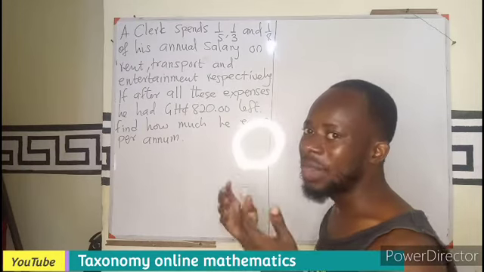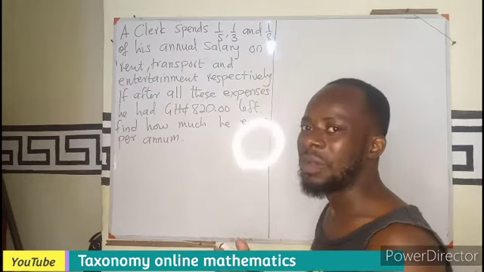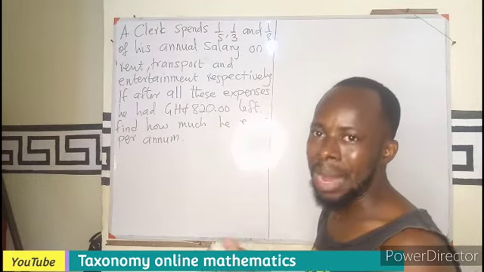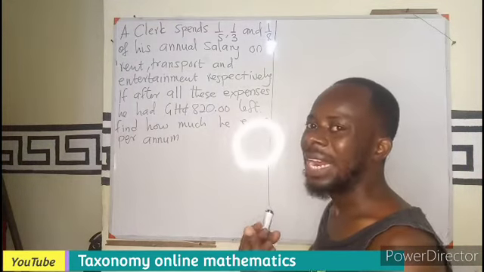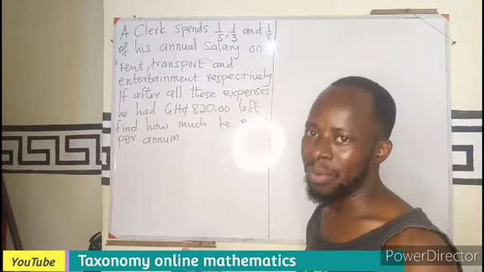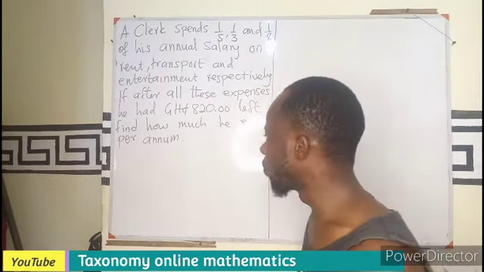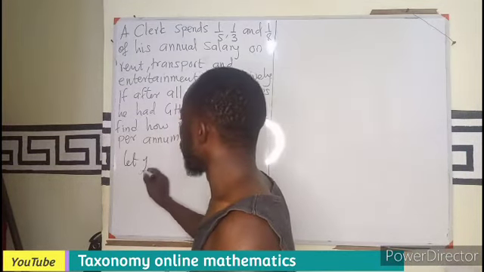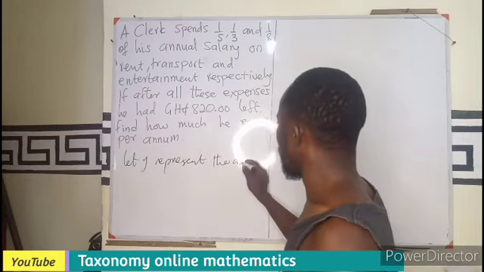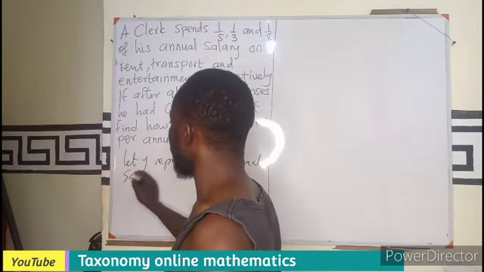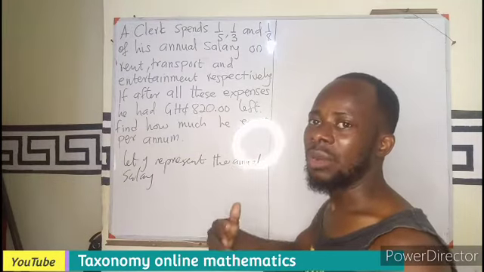Now there are different approaches to solving these kinds of questions. I am looking for the amount from which the expenses are made, so why won't I just let that amount be a variable? Normally, if you let a variable represent an unknown quantity, for example, let y represent the annual salary, which we are about to look for.